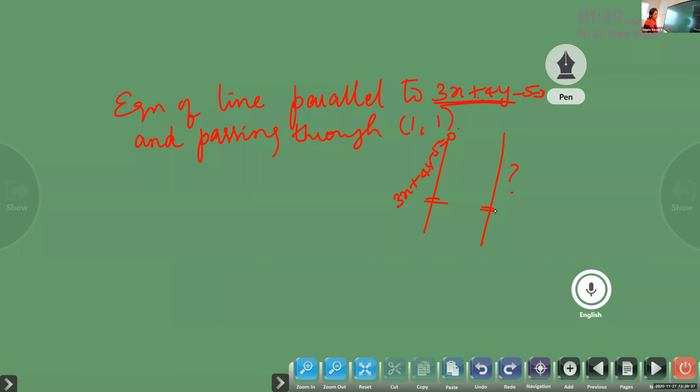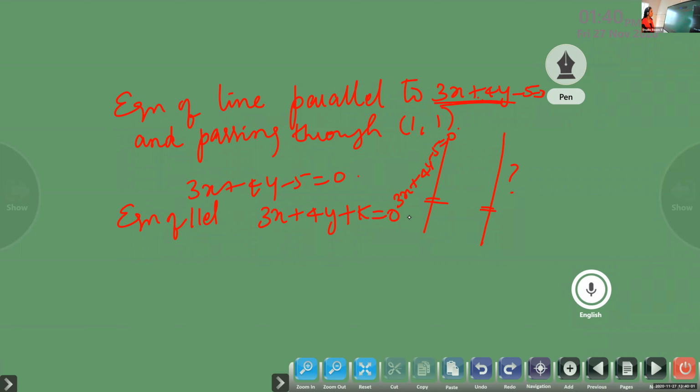What is the other way? One line is given here, 3x plus 4y minus 5 is 0. So what will be the equation of the parallel line? 3x plus 4y plus k is 0, isn't it? Only the constant term will change.